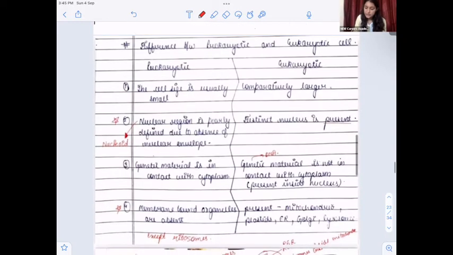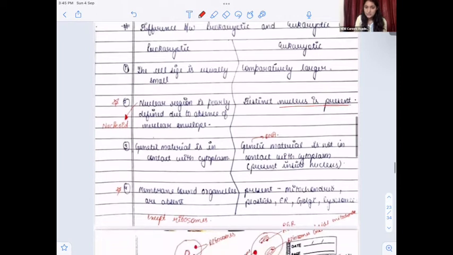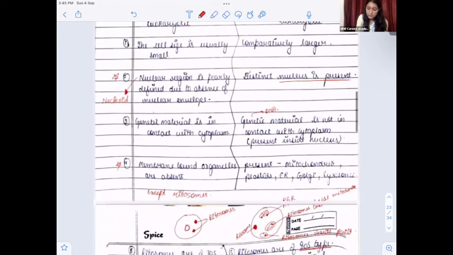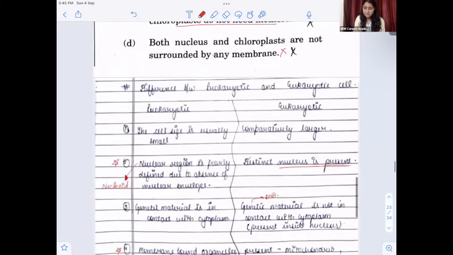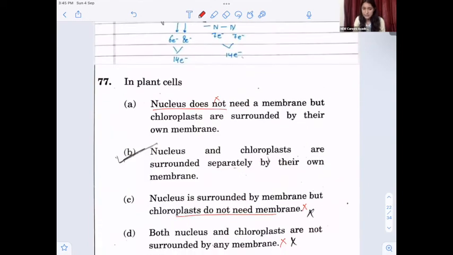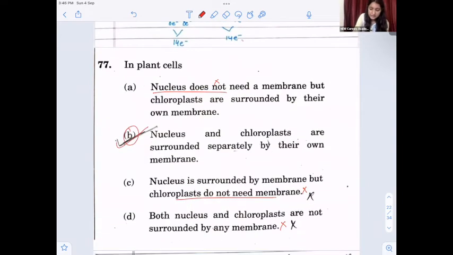In eukaryotes a distinct nucleus is present and the nucleus is enveloped. Next about membrane bound organelles. Membrane bound organelles are absent in prokaryotes and present in eukaryotic cell type. Plants have eukaryotic cell type. Chloroplasts are a type of plastid, and yes, we know that chloroplasts also contain a membrane. So option B is the correct answer.